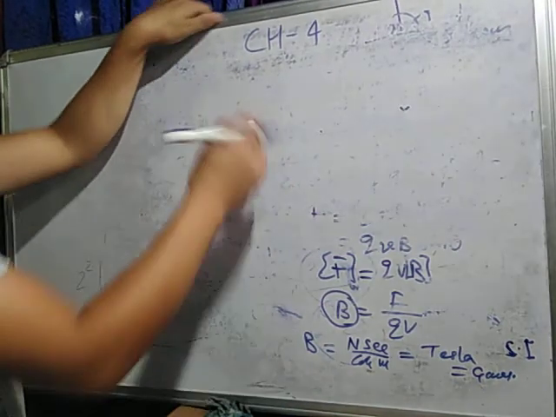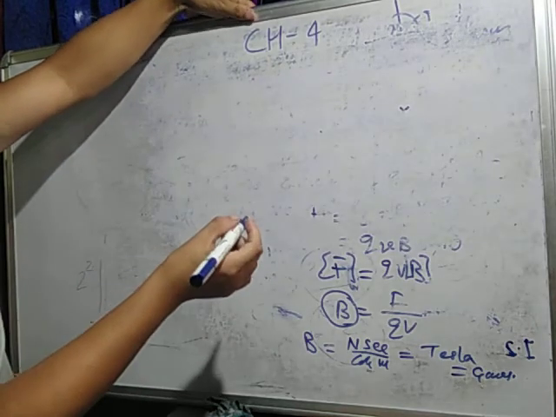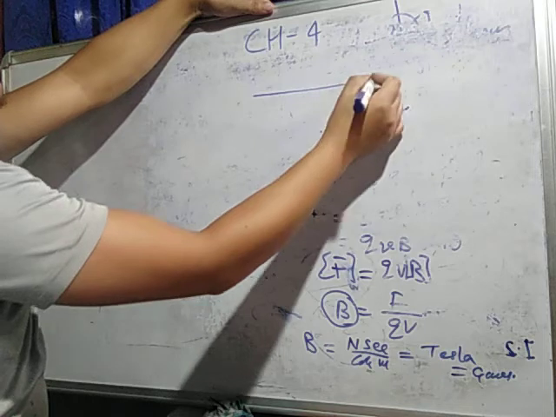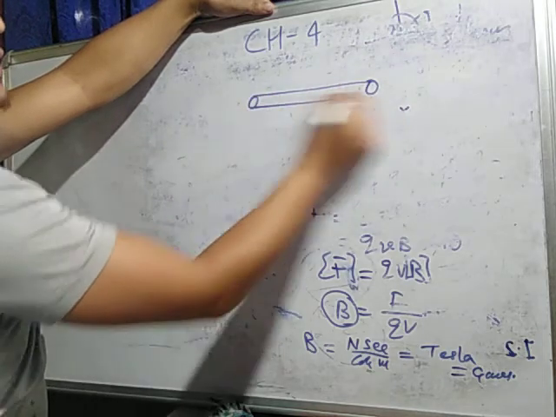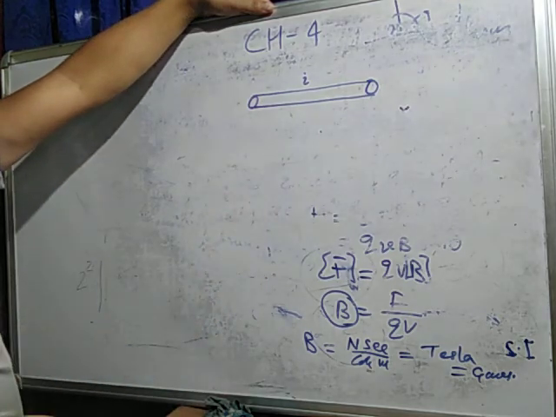Combined force, isn't it? The Lorentz force is the combined force on a current carrying conductor. This is your conductor where current I is flowing, and you have to find the magnetic field.